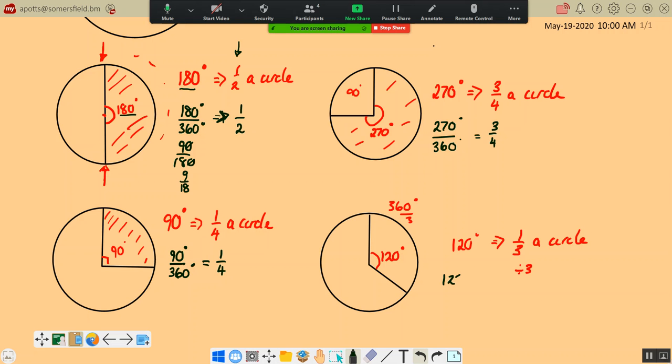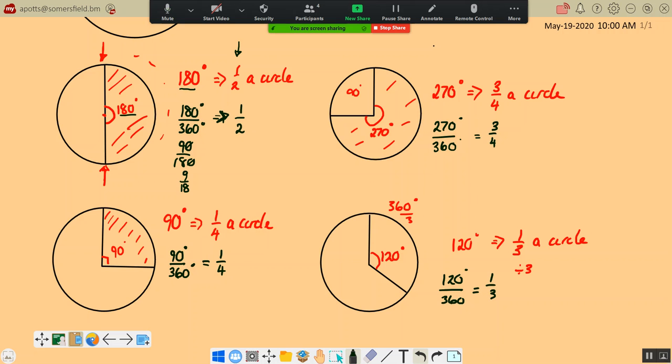And 120 degrees out of the 360 degrees is the same thing as 1/3. So this is how we can use the angle to work out how much of the circle I have. If I have 180 degrees, I know I have half a circle. If I have 270 degrees, I have 3/4 of a circle.